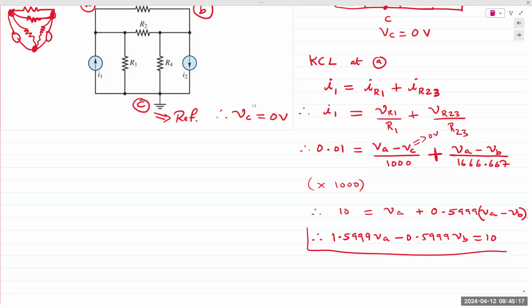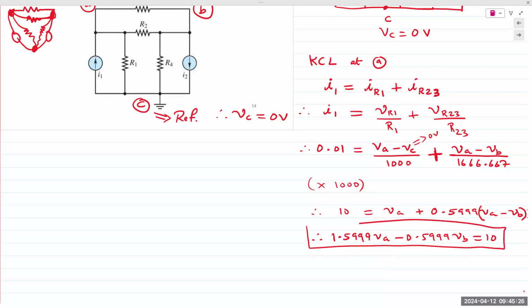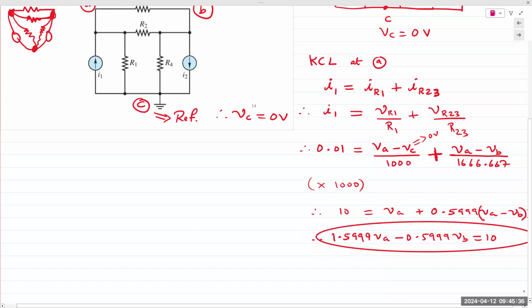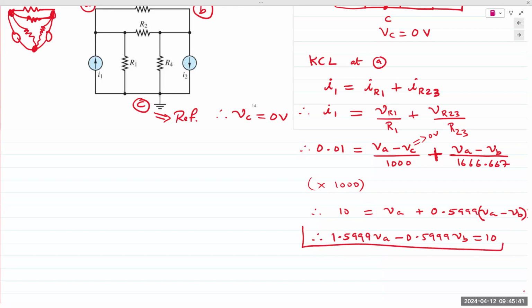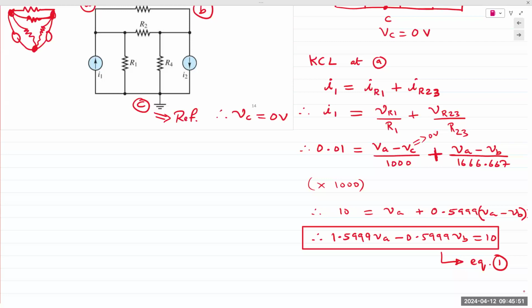I made a hash of it again. There you go. And this I'm going to refer to as equation 1.